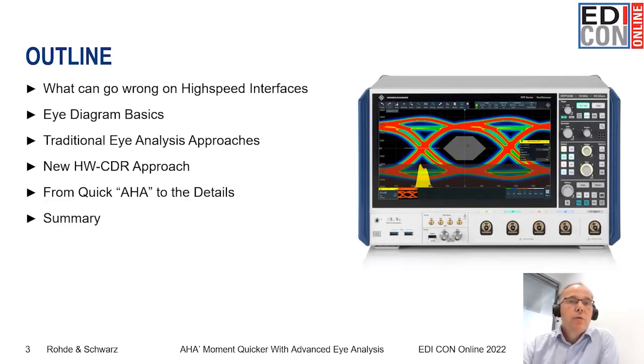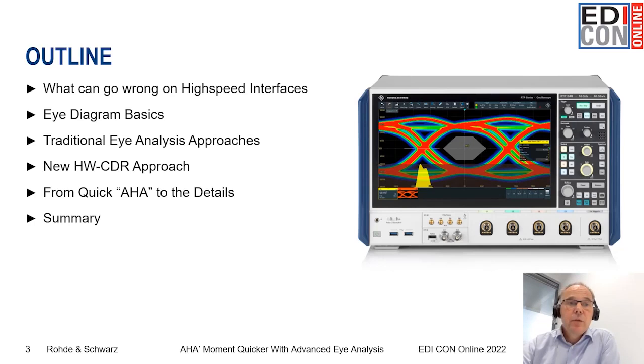Let's have a look at my planned agenda for today. As an introduction and as a kind of warm-up, we together will review typical challenges of high-speed interfaces and respective approaches for signal integrity analysis. Of course, I would like to focus on eye measurements today, so we start to discuss some basics about eye diagrams.